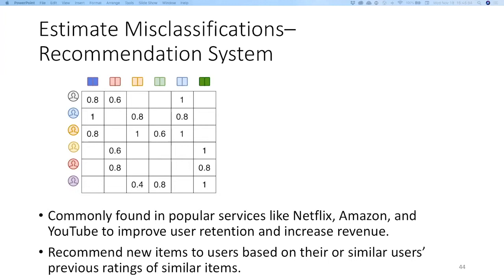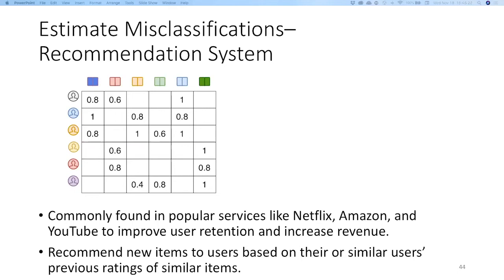This is really useful for these companies because it helps in increasing revenue, since the user tends to watch more content or buy more products. These recommendations are based on the user's previous ratings on books or movies. And what the recommendation system does is try to find other similar users who have the same taste, so that it could recommend better products to them.